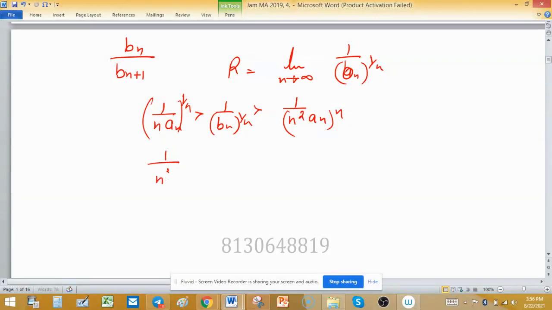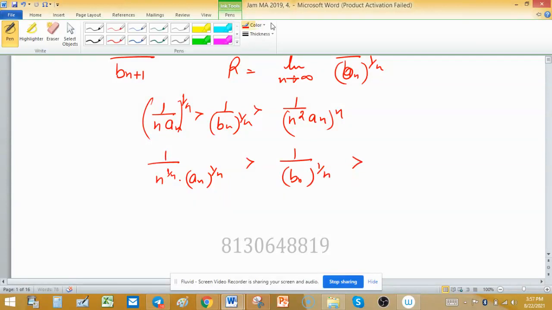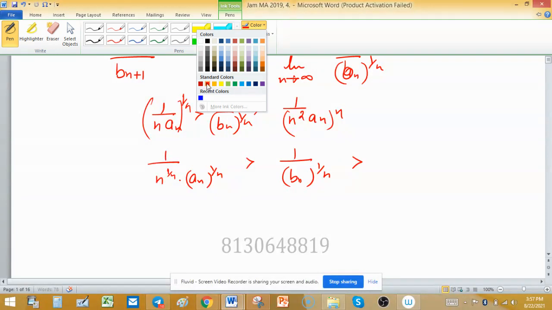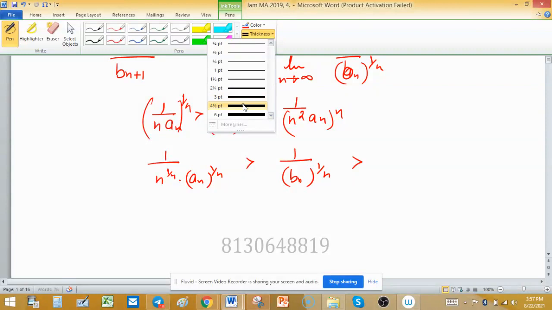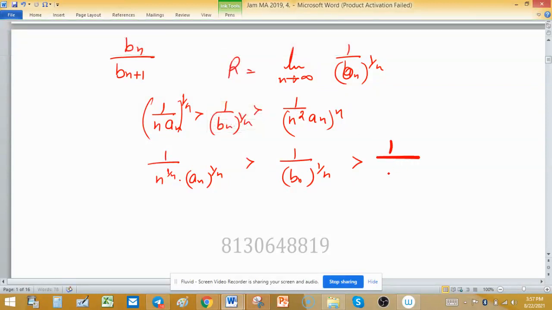So (1 upon an) raised to the power 1 upon n is greater than (1 upon bn) raised to the power 1 upon n, which is greater than (1 upon n square an) raised to the power 1 upon n.